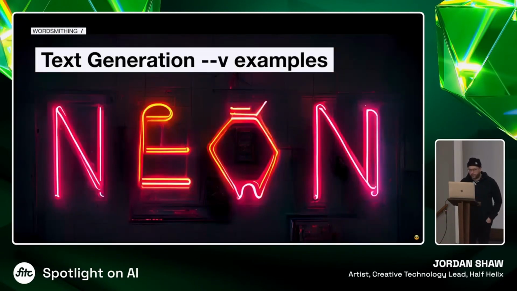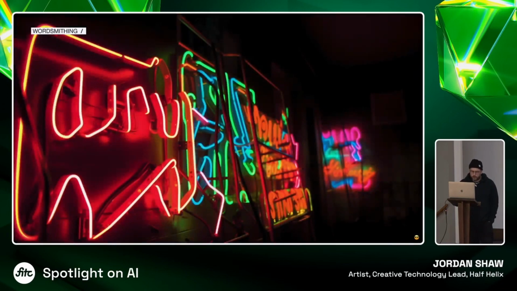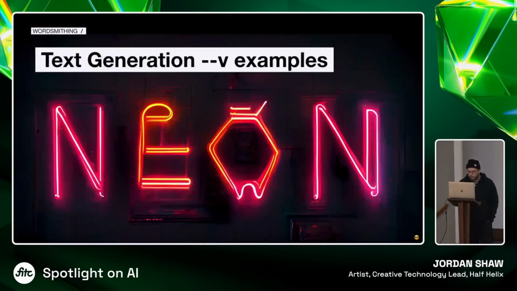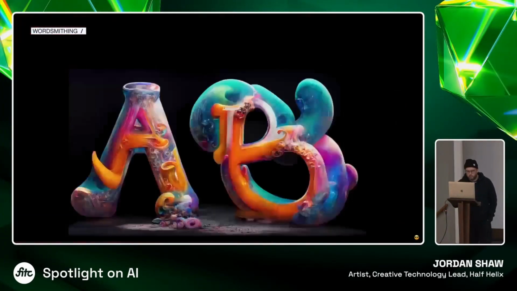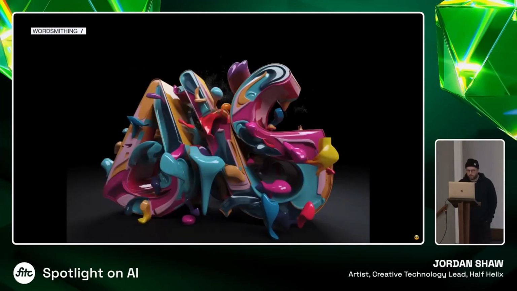Looking at the differences between version 4 and version 5 of text generation that I've been exploring, this is version 4. This is version 5. It looks more realistic in version 5, however, a little bit more obscure and abstract. Not as clear. These are all based on pretty much the same prompt.